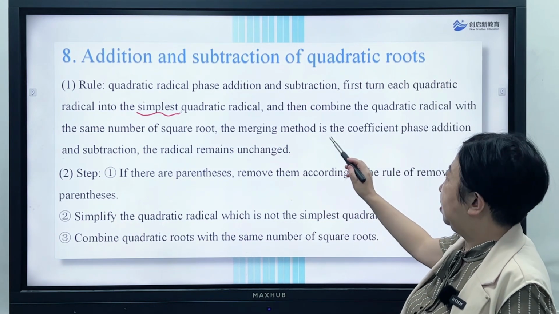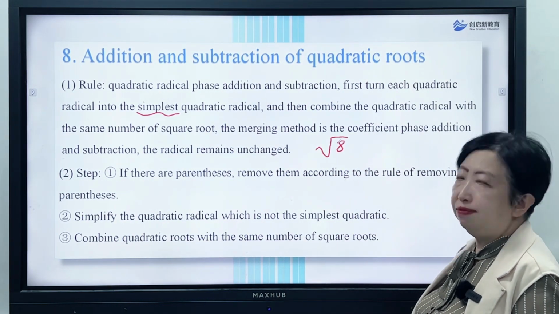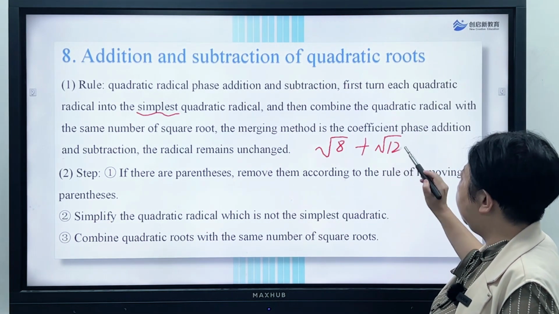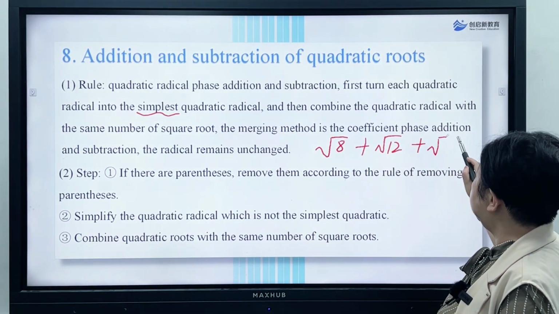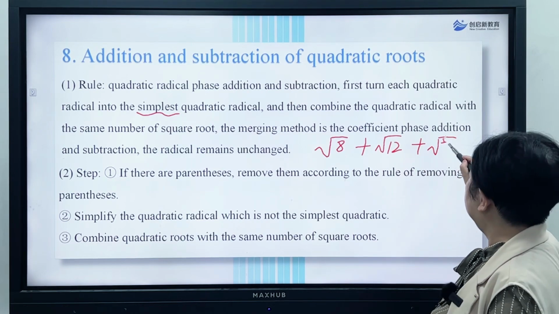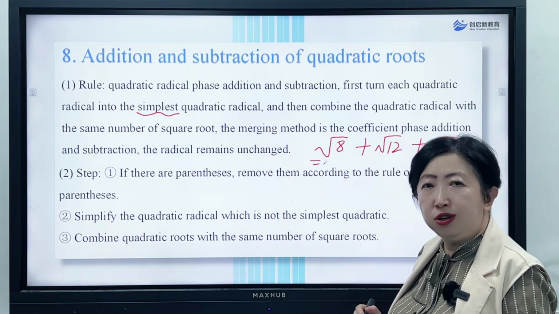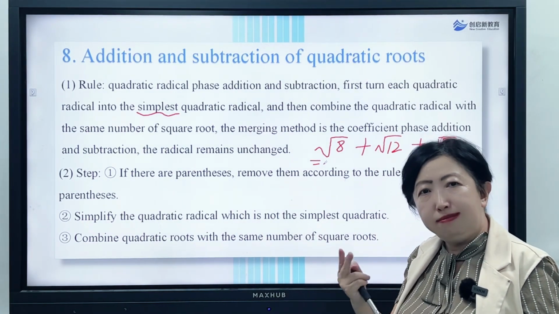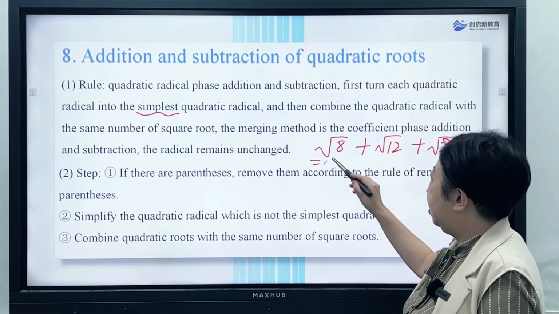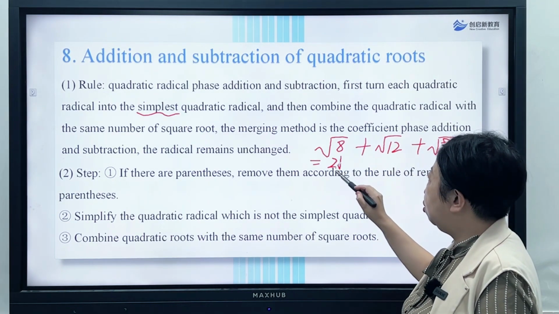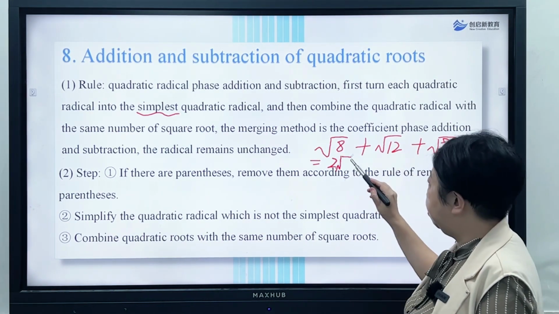For example, the root of 8 plus the root of 12 plus the root of 2. Here, 8 equals 2 times 2 times 2, so we can write it as 2 times the root of 2.